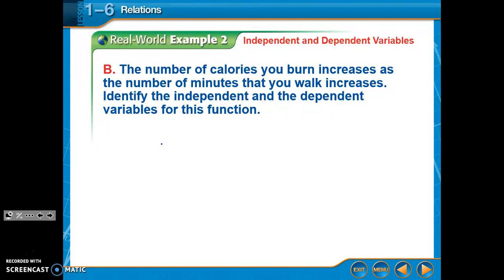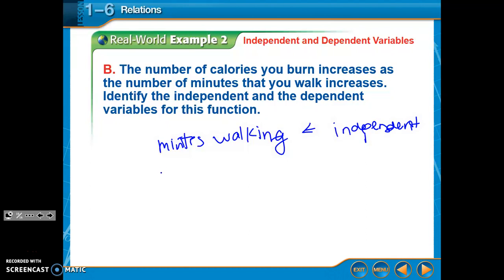That means the number of minutes walking is going to be our independent variable, and the calories burned is going to be our dependent variable.